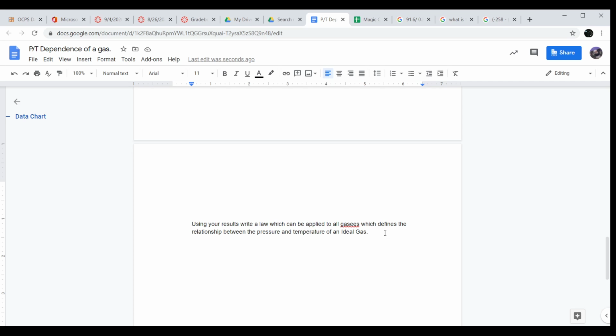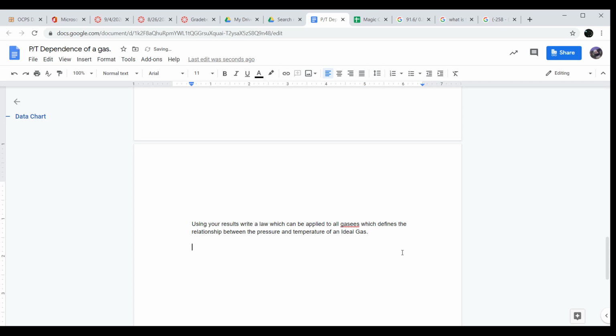Most laws are about how you relate pressure and temperature together, or how you relate one thing to another. One of the most famous laws that we know of is E equals mc squared, which basically says that energy equals mass times the speed of light squared. And that's just a direct relation.